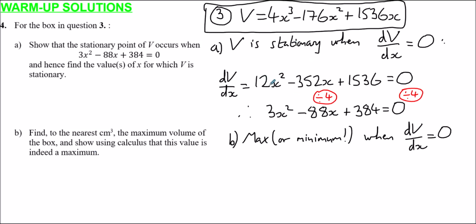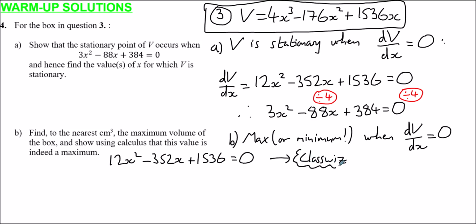So now we just solve this on the Classwiz. So 12x squared minus 352x plus 1536 equals 0. So if I Classwiz the heck out of this now, old school would be to complete the square or something like that.